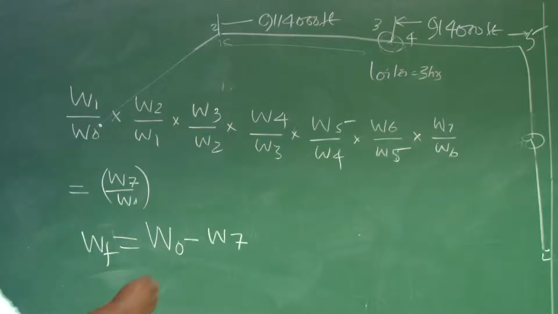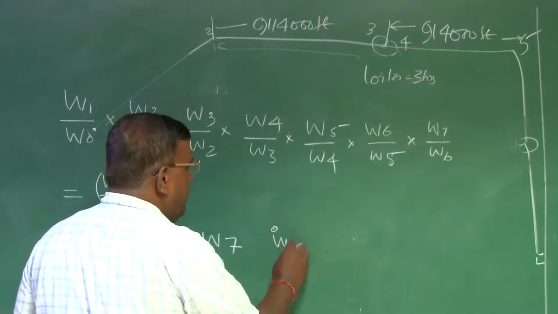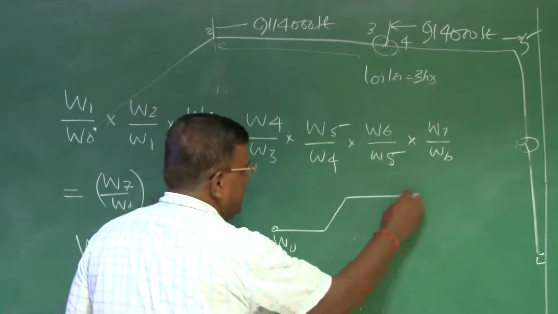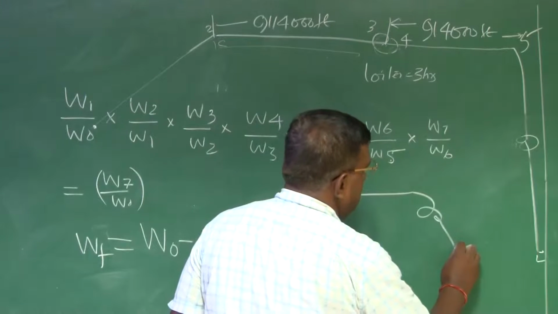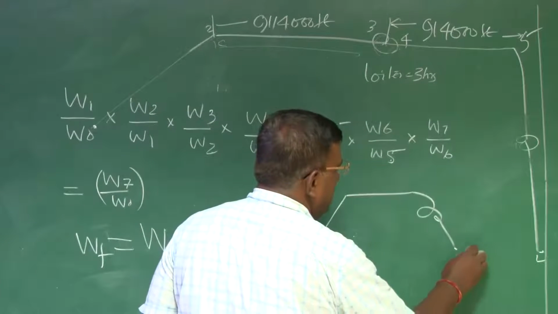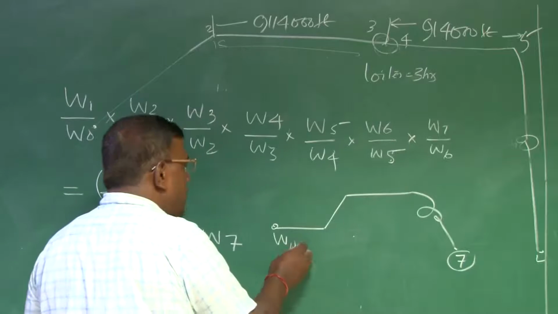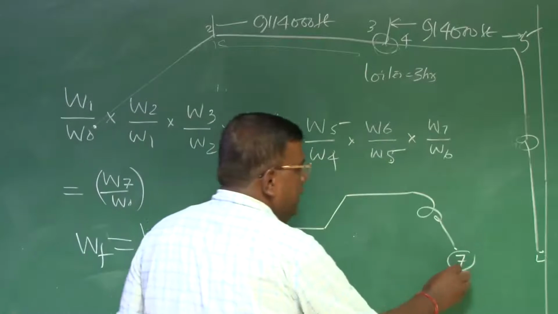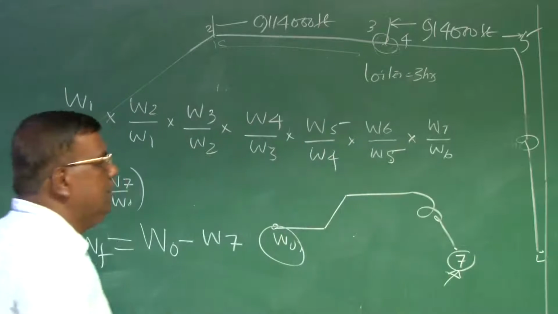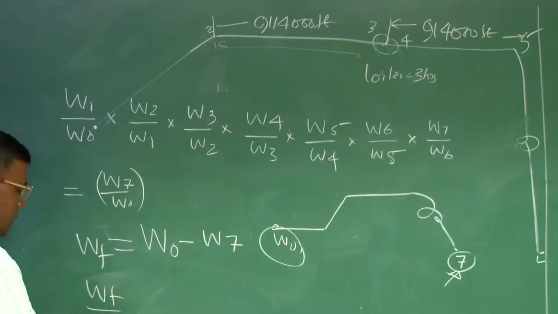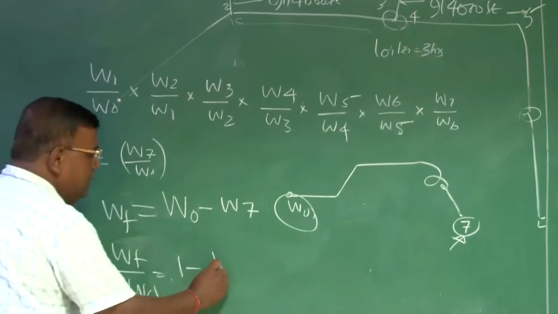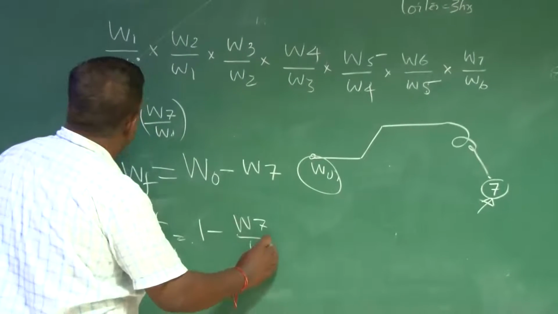This is clear? I start from here W0, whatever I want to do, and land it here. So this is the 7th point, right? I started with W0 and final is W7, and the difference is the fuel consumed. Now if I write WF by W0, that will be 1 minus W7 by W0.